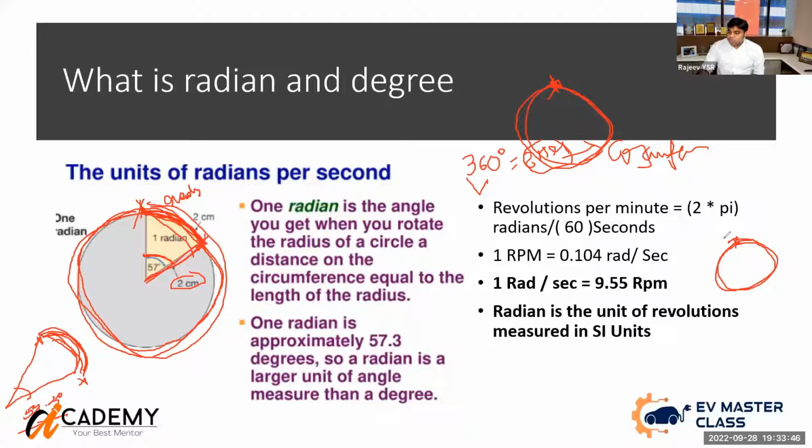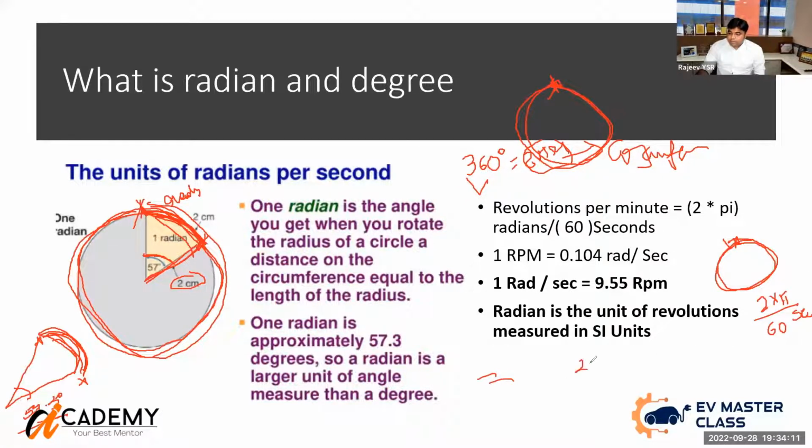Okay. So what does revolution per minute mean? Revolution per minute means 2 pi radians per minute, which is 60 seconds. And what is pi? Pi is 3.14.